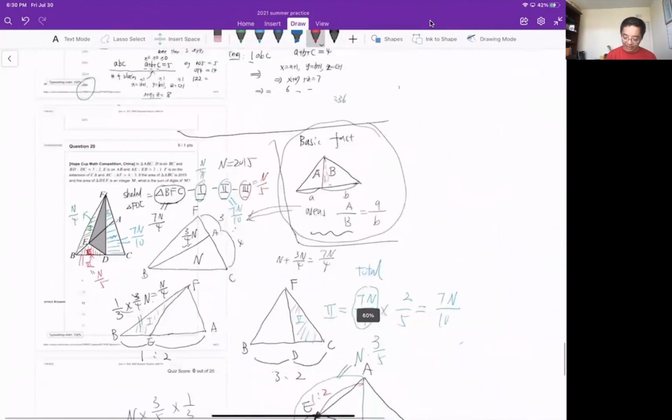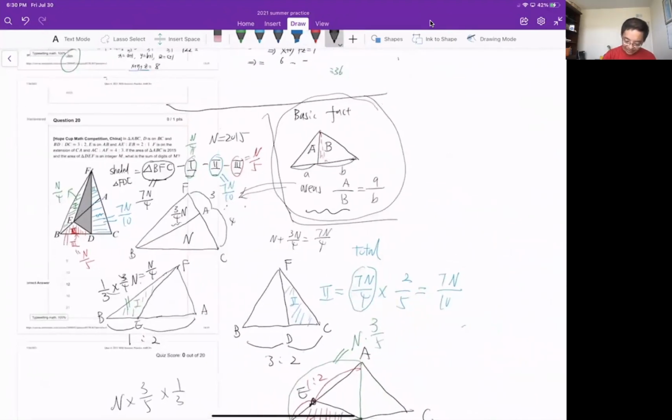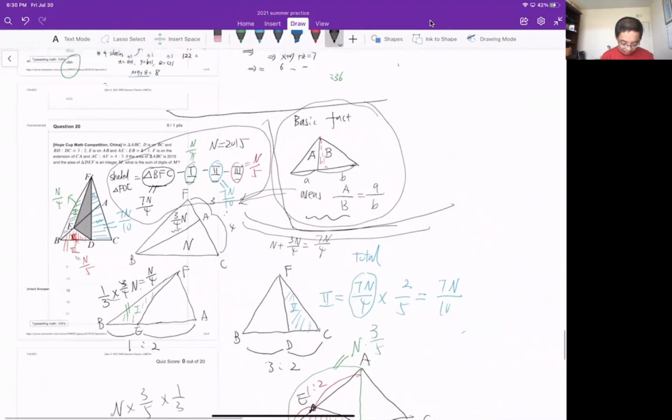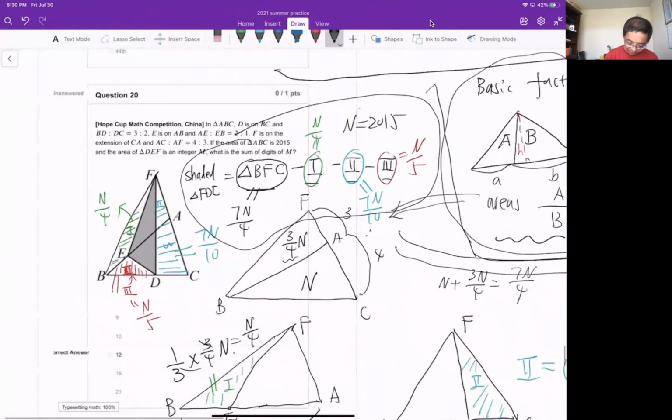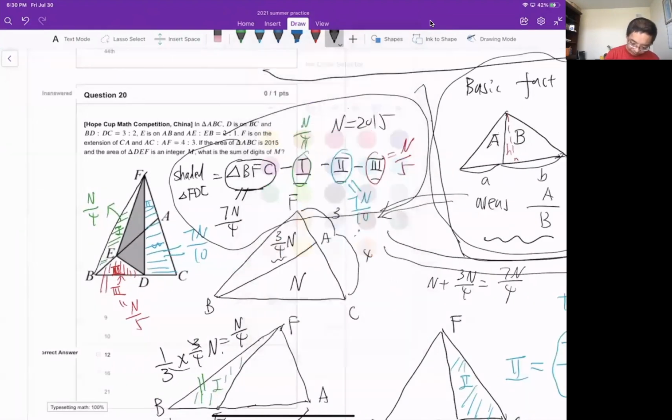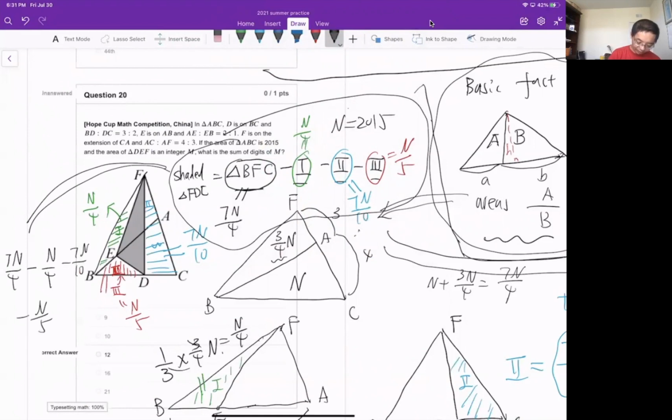All right, now let's simplify the whole thing, right? So we have all those numbers put here. From here, the shaded part equals 7N over 4 minus N over 4 and minus 7N over 10 and minus N over 5.